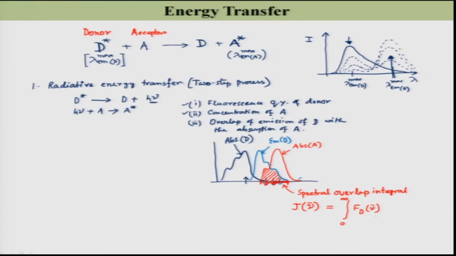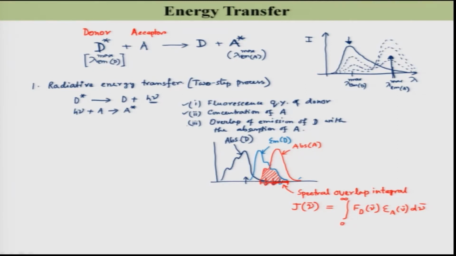Obviously, this is plotted as a function of wave number. I already discussed that you can change the units, from wavelength to wave number to frequency, whatever you want. So, I am just using here the wave number, multiplied by the absorption spectra, and epsilon, the molar extinction coefficient, is just the absorbance divided by the concentration times path length. So, this is epsilon of the acceptor, which is plotted against nu bar, d nu bar. So, this is my overlap integral.